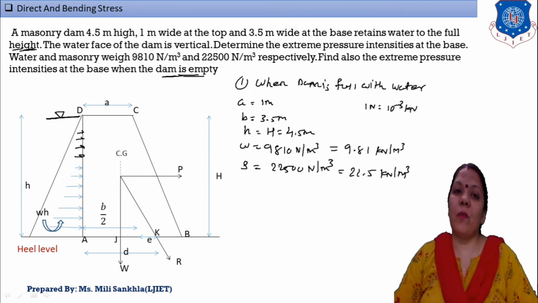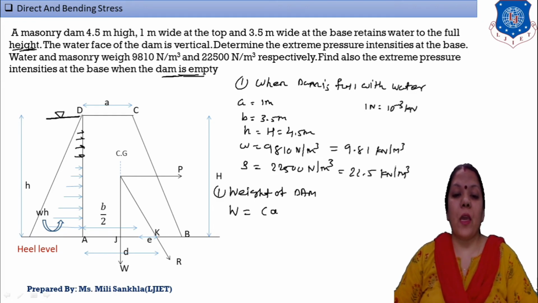Okay, now one by one we find out. First we find out weight of dam, and notation of this weight of dam is capital W equal to (a plus B) capital H by 2 into density.